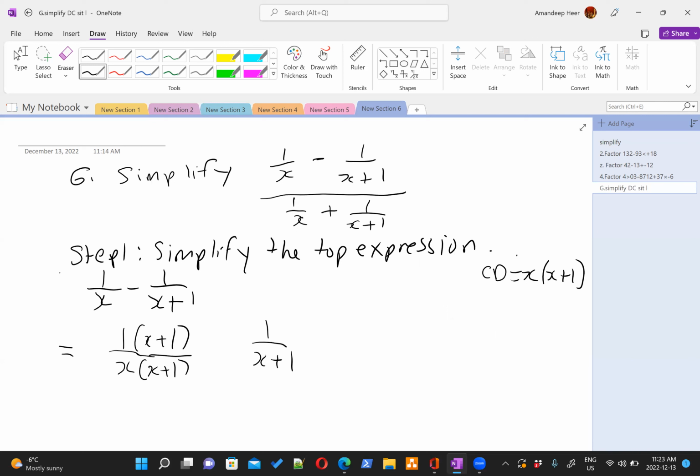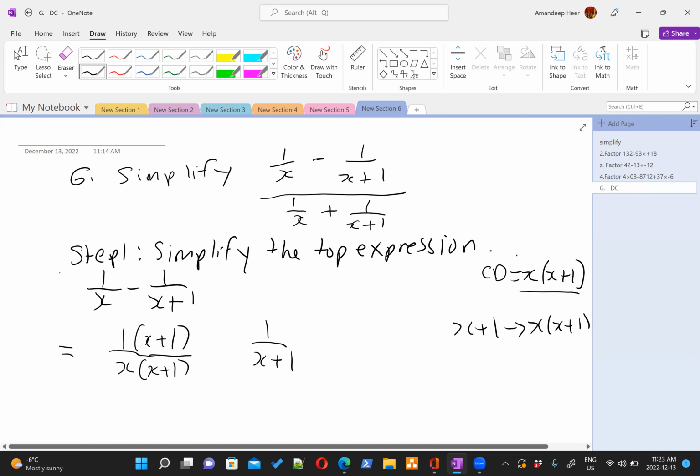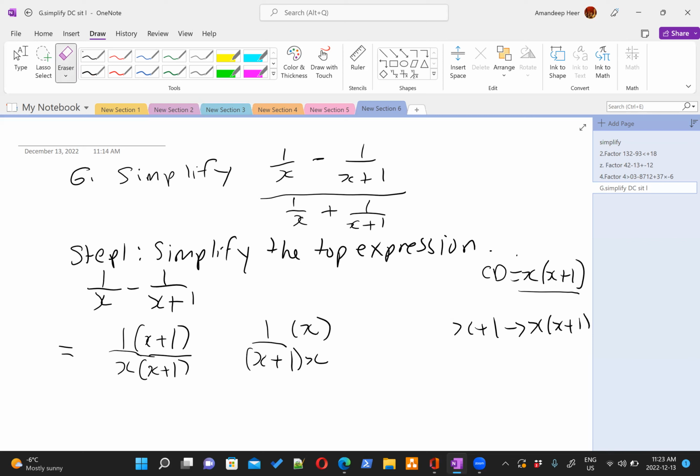Now let's look at x plus 1. If I want to go from x plus 1 to x times x plus 1, what would I do? Well, I'm going to multiply this by x, and I'm going to multiply the top by x. Does that make sense? And don't forget we have a negative sign.